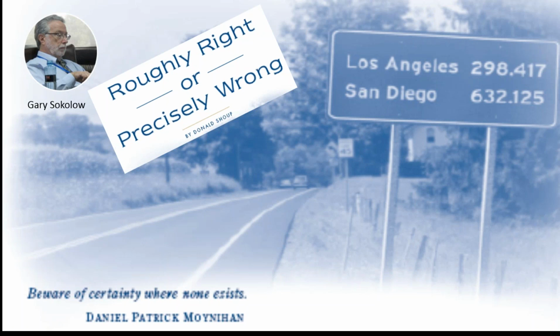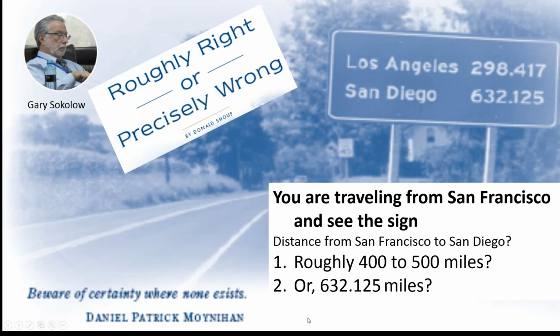So things are always changing, and here's a caveat for you. You're driving, traveling from San Francisco, and you see this sign here. You want to know how far it is to San Diego, and the sign says 632 miles, 0.125 miles. And some farmer by the side of the road said it's roughly 400 to 500 miles.